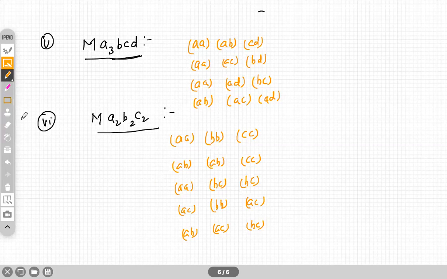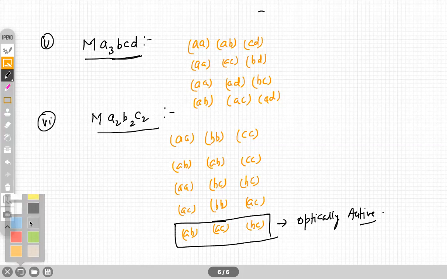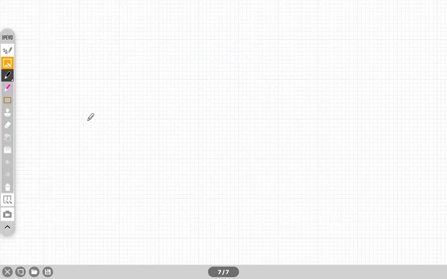Okay. Now, one very important point here. Out of these 5 geometrical isomers, the last one that I have written here is optically active also. You must take care of this. There is no plane of symmetry in this. Similarly, you can draw for other molecules.